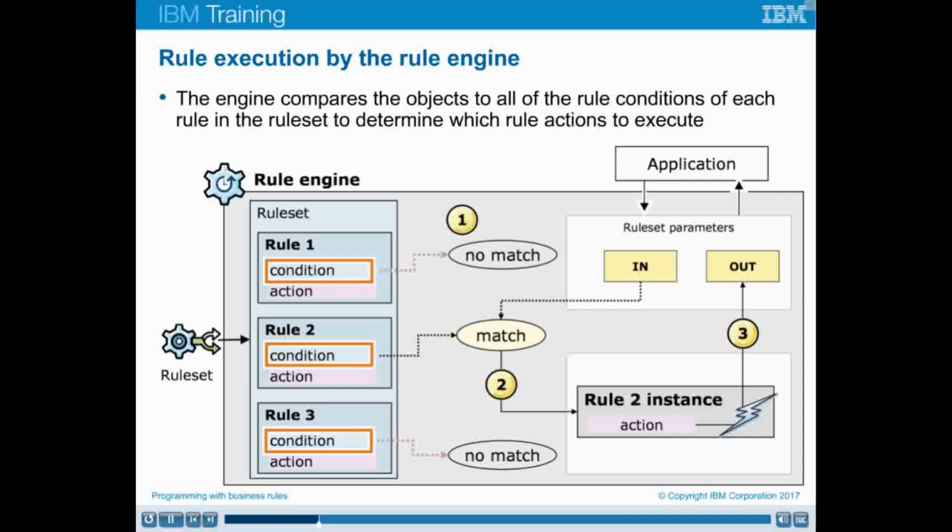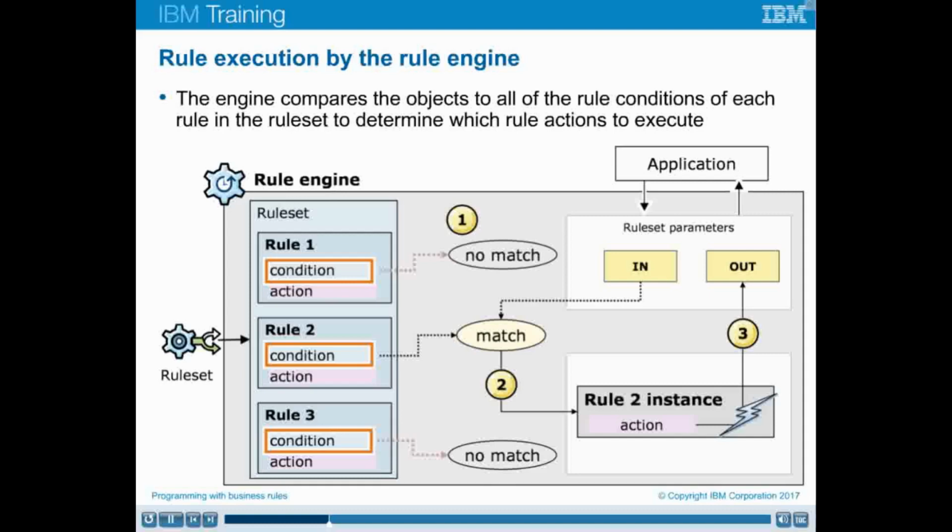To better understand the rule engine, let's walk through the steps depicted in this graphic. In the first step, the rule engine compares each of the objects that's passed from the application to each condition in each of the rules of the rule set. The engine evaluates all the rules against every object. This process is called pattern matching.